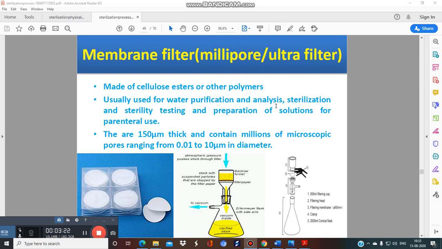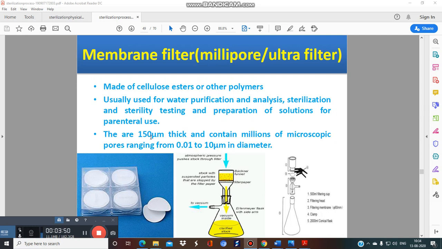In your upcoming semester you will learn techniques like chromatography and spectroscopy. Whenever you load a sample in a sophisticated instrument, you have to filter the sample, and for that you use membrane filters. Otherwise it might cause distortion in your process, or improper functioning of the machine.